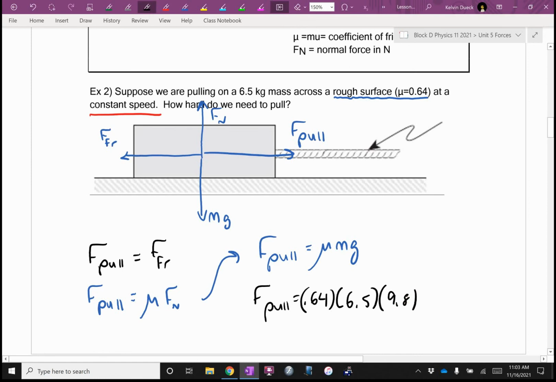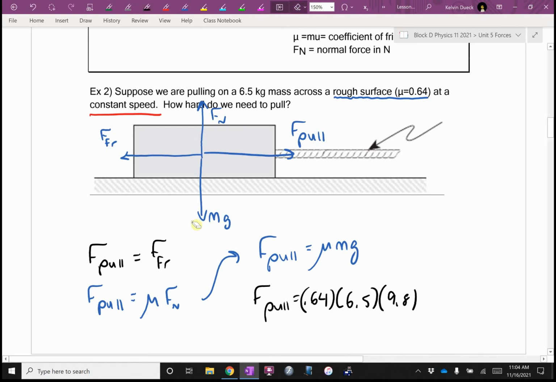By the way, in this specific question, constant speed, as far as I'm concerned then, I can give you any three of F pull, mu, M, and G, and you can find whichever one you want to. Yeah? I don't get why we won't.